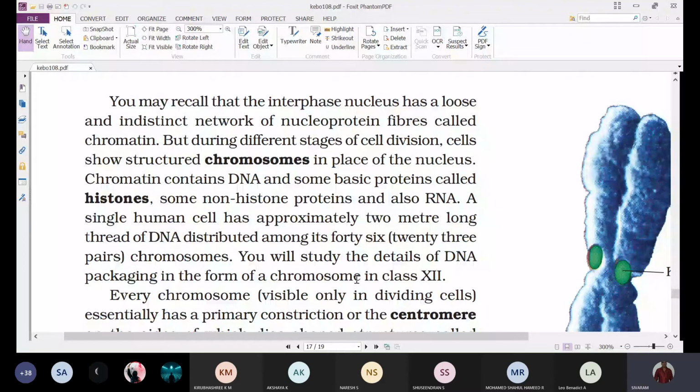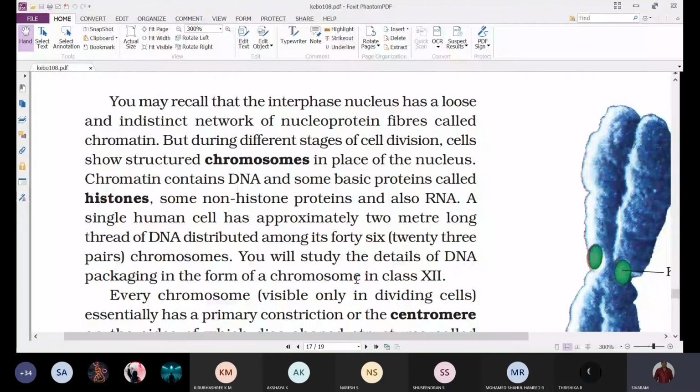When you take out the DNA and place it as a linear structure, in the case of a human cell, the length of the total DNA molecule comes to about 2.2 meters.